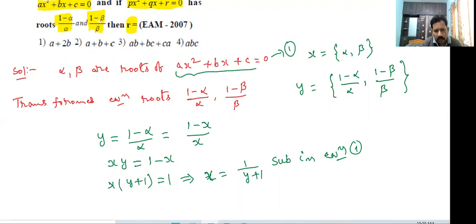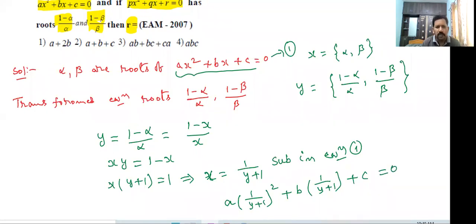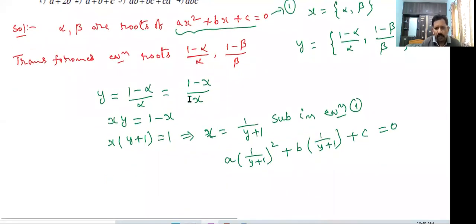Substitute a into 1 by y plus 1 whole square plus b into 1 by y plus 1 plus c is equal to 0.